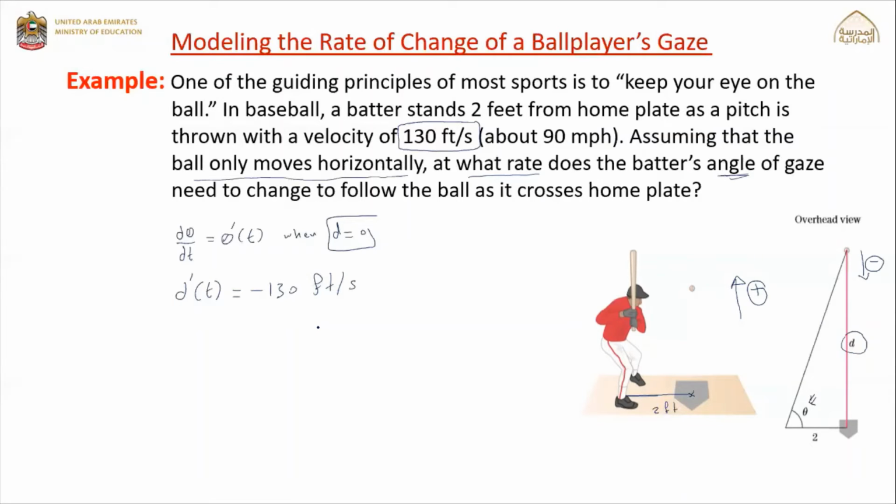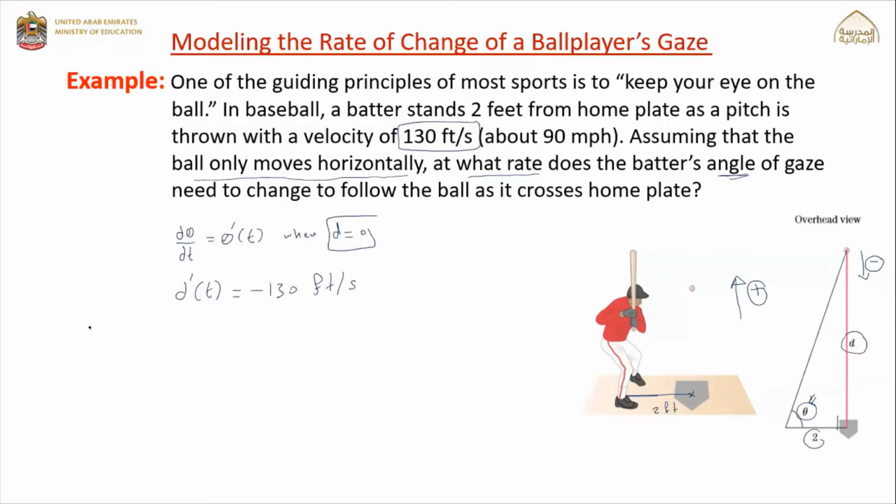Now, a question: how can I find the derivative of theta at this moment? I must find an equation between theta, 2, and d. Don't forget that this triangle is a right triangle.